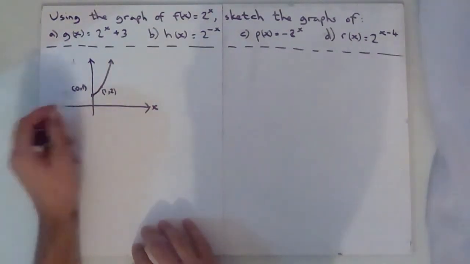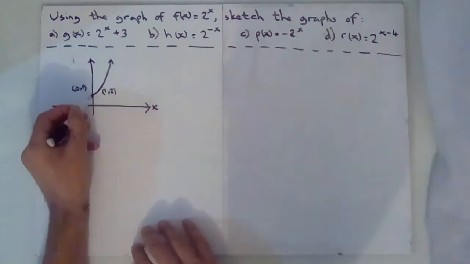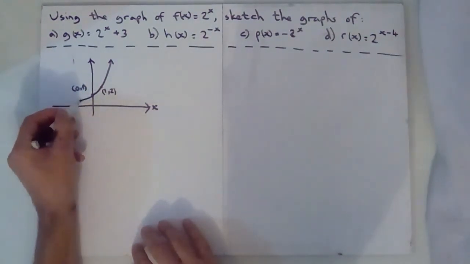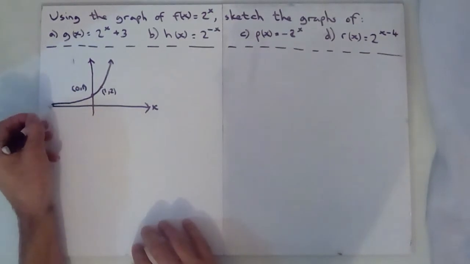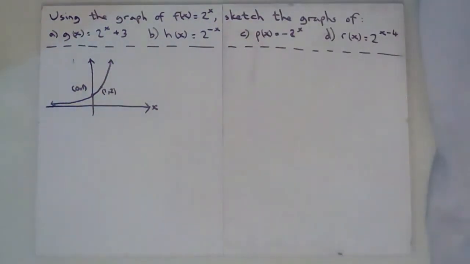It's getting really, really close to 0. As you go negative in the x's, the y's get smaller and smaller, but they never quite get to 0, because even with really big negative x's, raising 2 to that power will not generate a negative output.